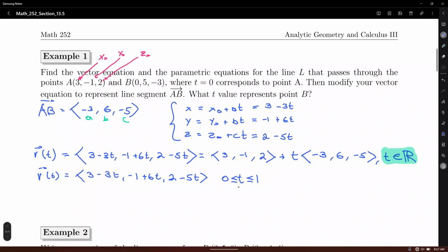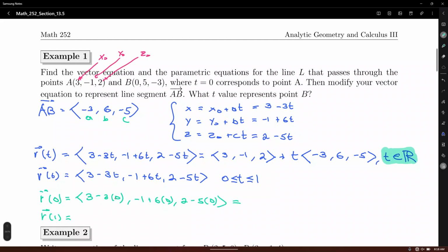You don't have to do the following. I'm going to show you the following just to convince you in a way. So, that means if you evaluate r of 0 and r of 1, r of 0 is 3 minus 3 times 0, -1 plus 6 times 0, 2 minus 5 times 0.